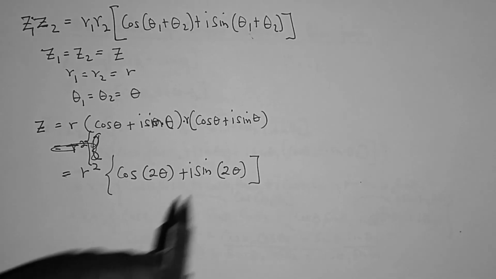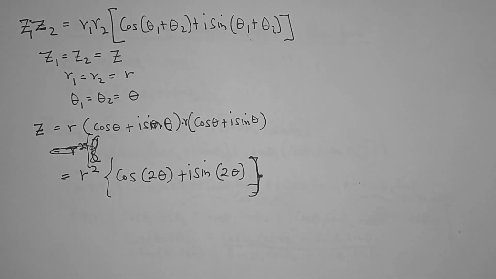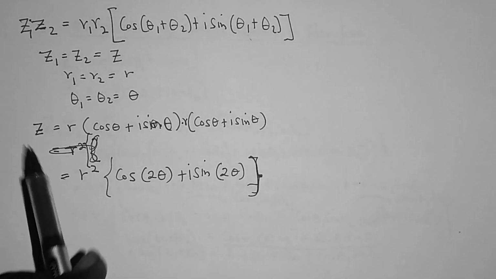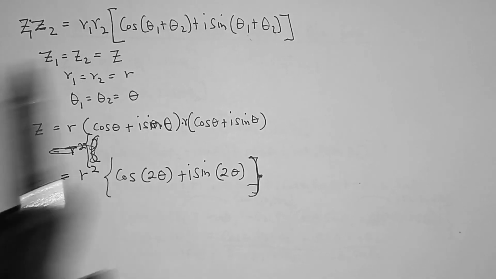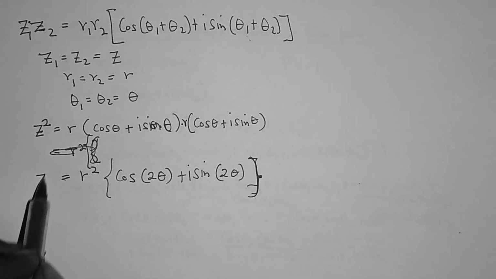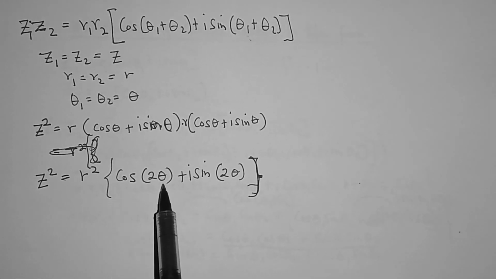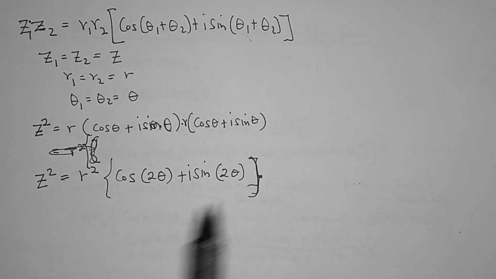So at the end of the day, Z squared, because Z1 is equal to Z2, which is equal to Z. So in this case, we are looking for Z squared. So Z squared is equal to R squared into bracket cos 2 theta plus i sine 2 theta.